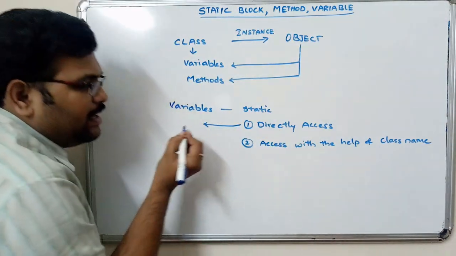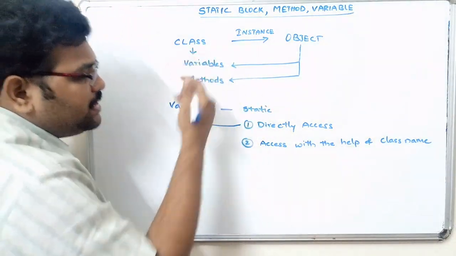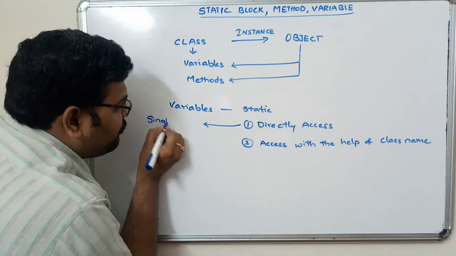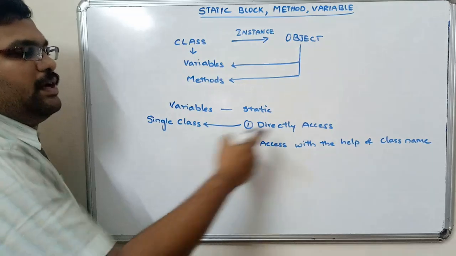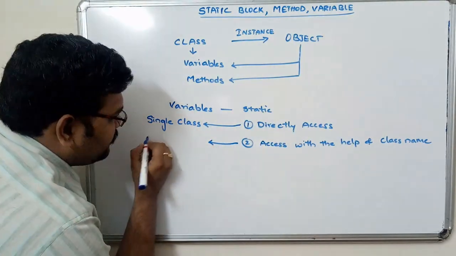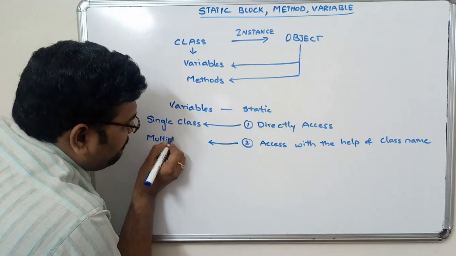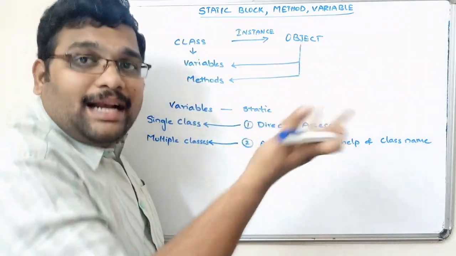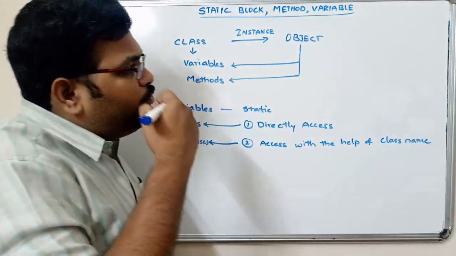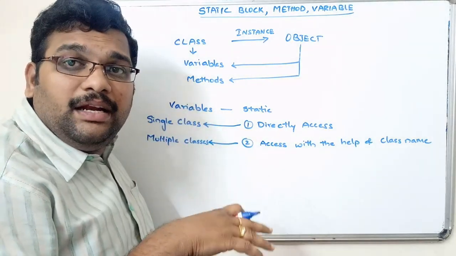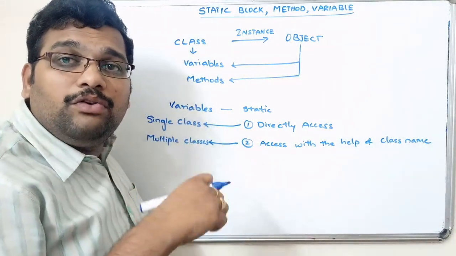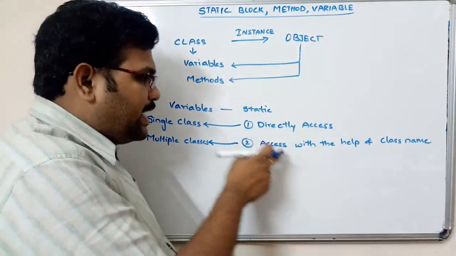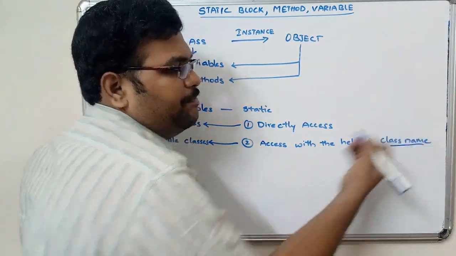This happens if we write all the methods, variables and the main function in a single class. If our program consists of a single class, we can directly access. If our program consists of multiple classes, the main function is declared in one class, and if we want to access the static variables declared in another class, then we have to access them by using the class name.